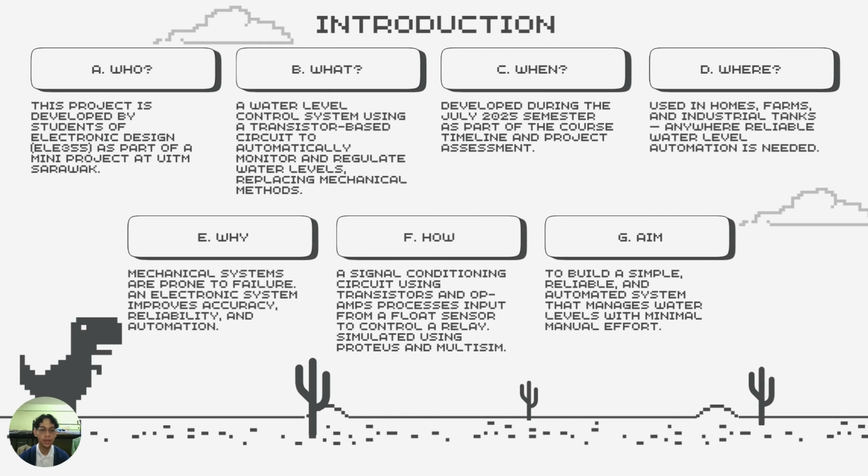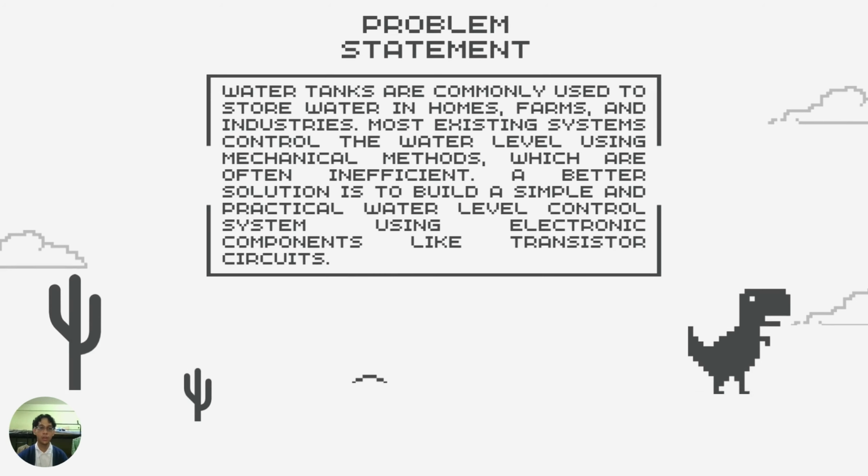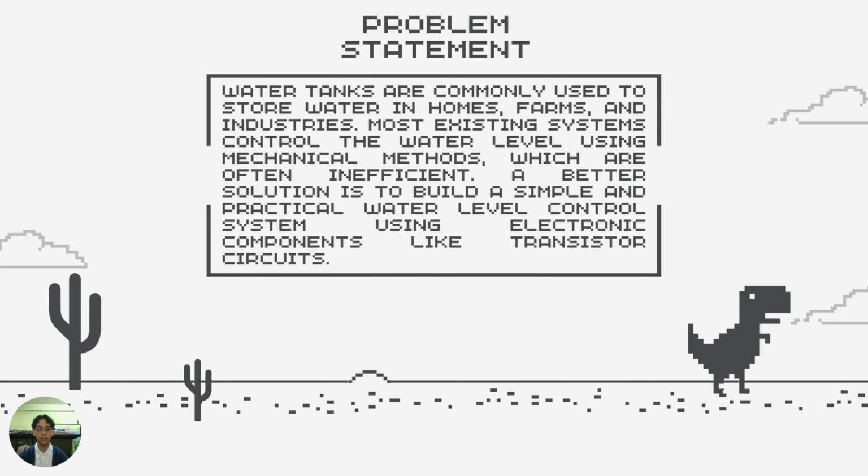And lastly, our aim is to build a simple, reliable, and automated system that manages water level efficiently with minimal manual effort. But before we design the water level control system, we need to identify the problem.